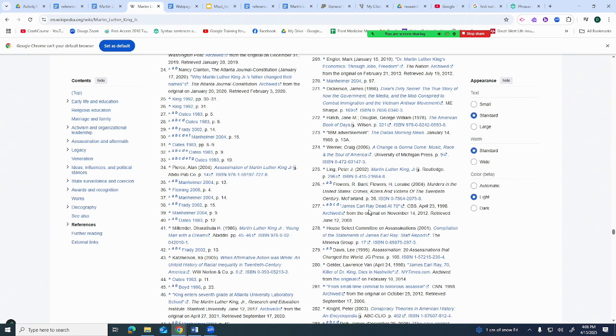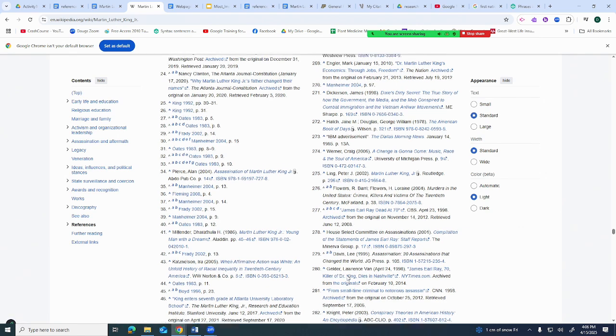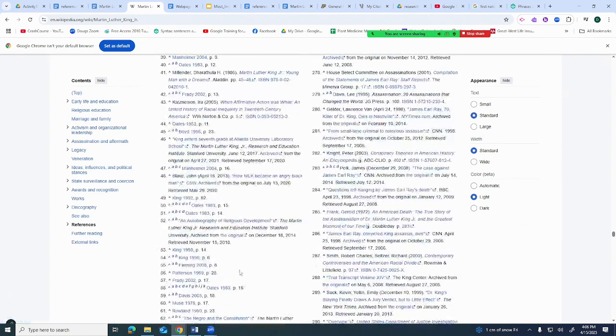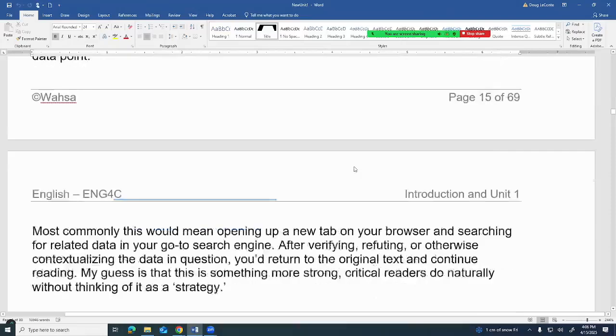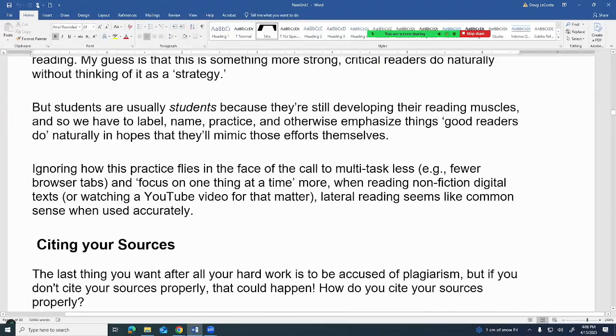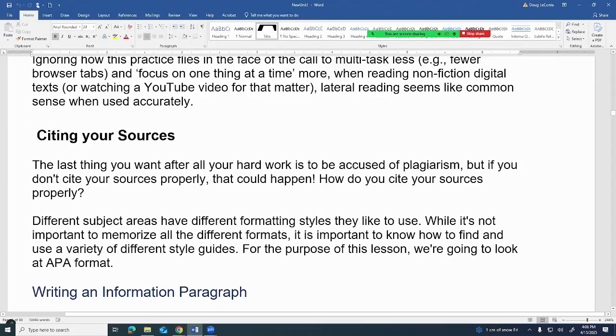And this is why it's really important to make notes. Now, we'll talk about that a little bit later on in the course when we have to write our essay. But for the time being, that is an introduction to what lateral reading is. I wanted to explain that for you and give you some physical indication.